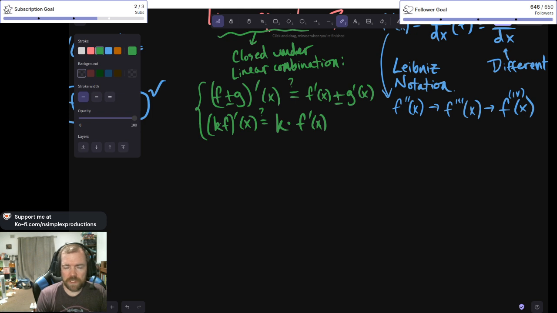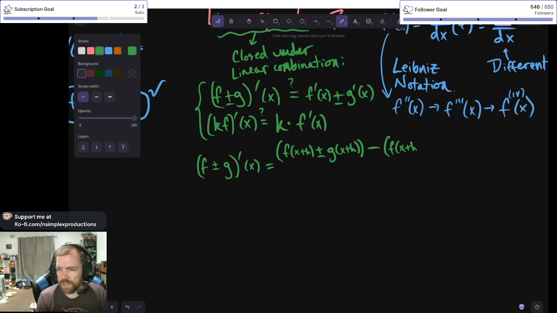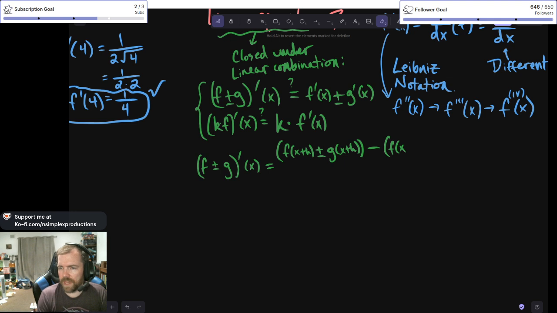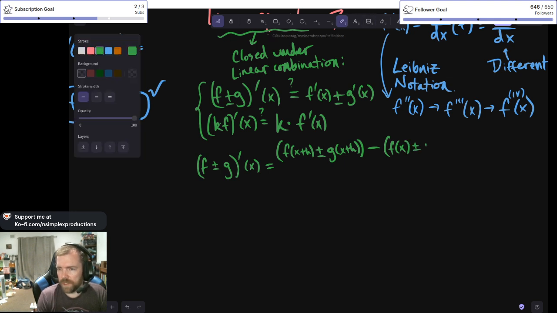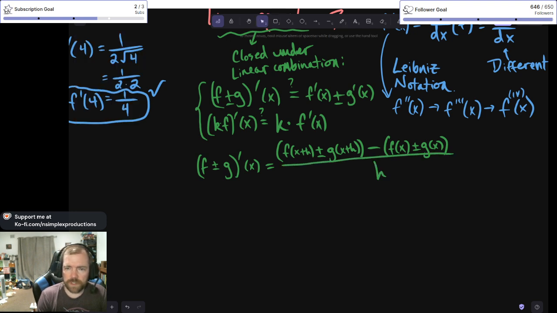Right, so if we do f plus or minus g, then f plus or minus g prime at x should be, parentheses f of x plus h plus minus g of x plus h, minus parentheses f at x plus minus g at x, all over h, and again this should be limited.